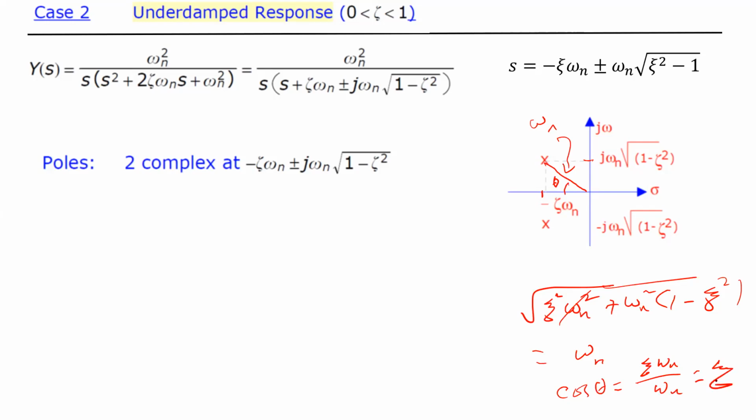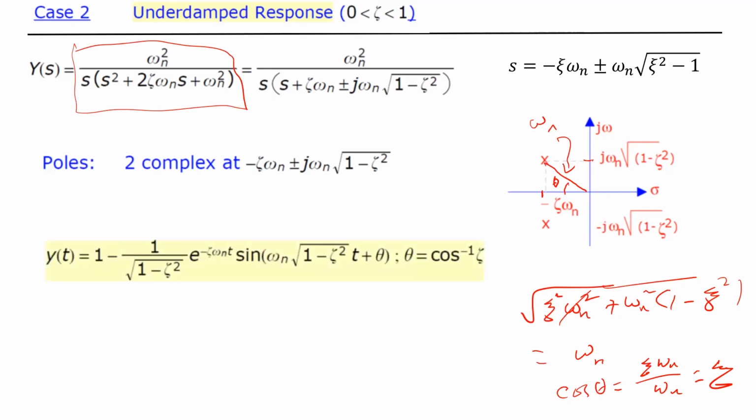Now, as you said, use the table and get y of t. So this is y of t. And in this case, the response looks like, if this is the one, I will overshoot.